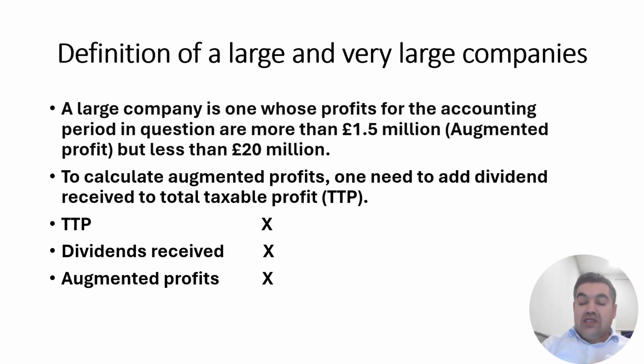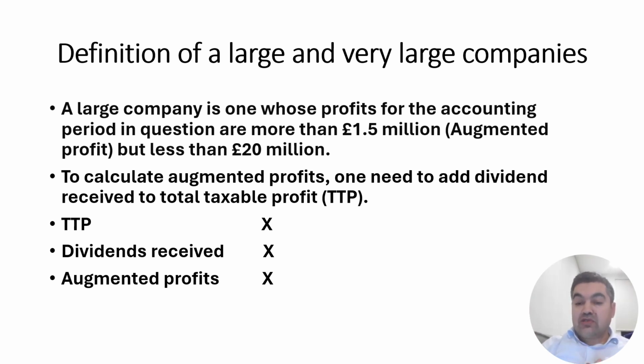To work out augmented profit, you need to add dividends to the total taxable profit. I have uploaded other videos on corporation tax computation. If you look at those videos, we deduct the dividend because the dividend is not taxable for corporation tax purposes. However, to work out your augmented profit, you have to add the dividend to the total taxable profit.